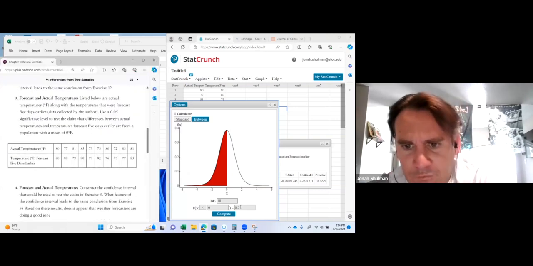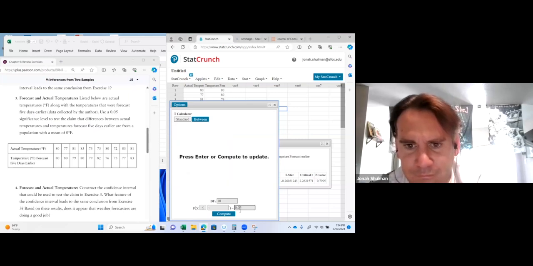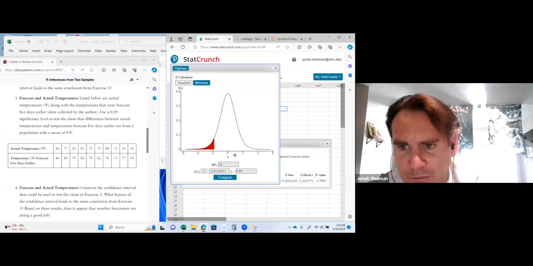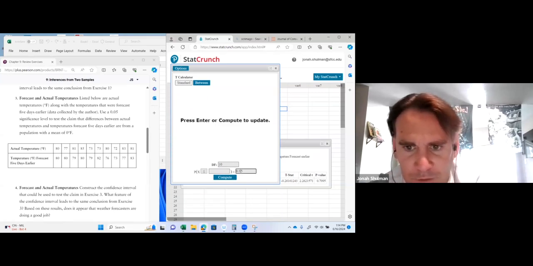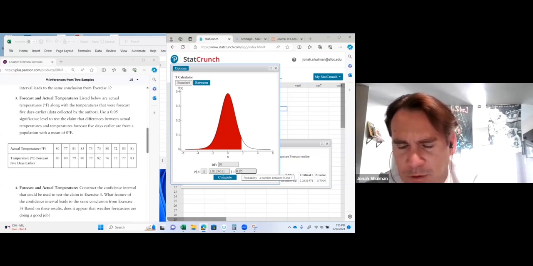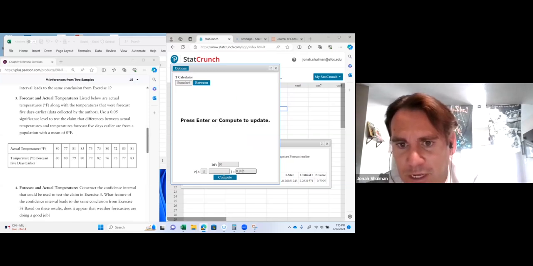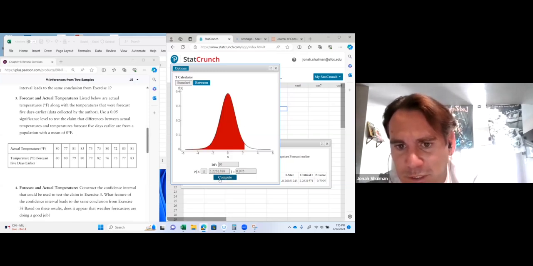Yeah, they use 0.05, right? So here's our 0.05. That's not the right one, right? It should be 0.95 in the other direction. However, because it's double, why do we have to double this? Or why do we have to make this bigger?